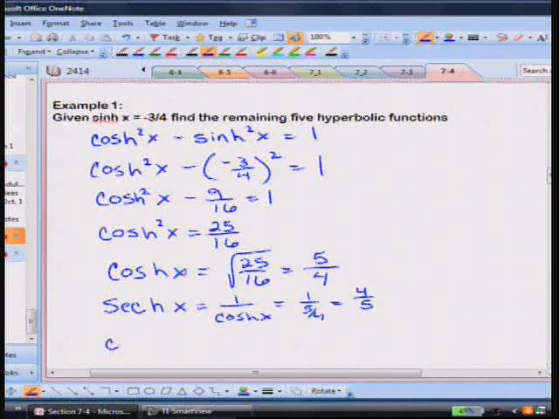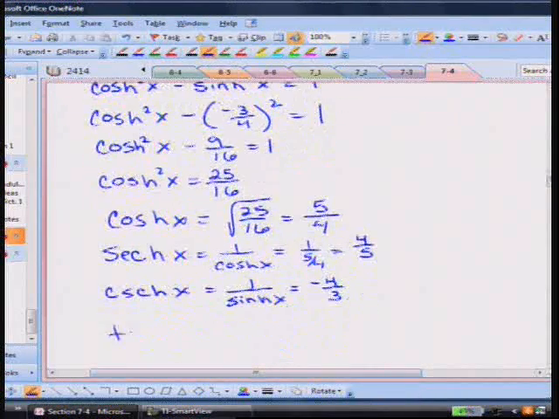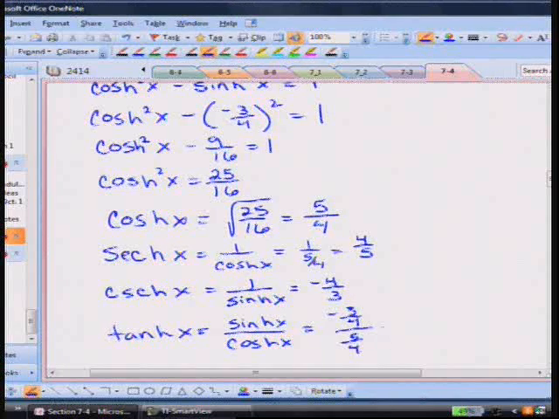Well, the hyperbolic cosecant is 1 over the hyperbolic sine, which is going to just be the reciprocal there, which is -4/3. And then your hyperbolic tangent is, of course, just your hyperbolic sine divided by your hyperbolic cosine. So that's going to be the -3/4 divided by the 5/4, which is -3/5.